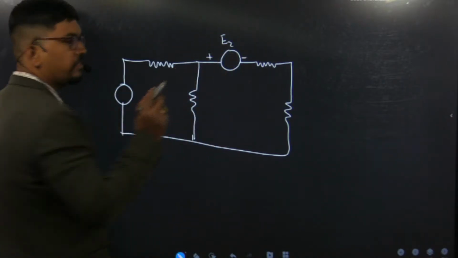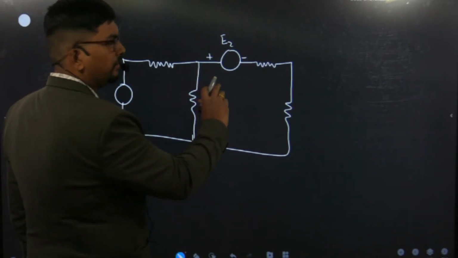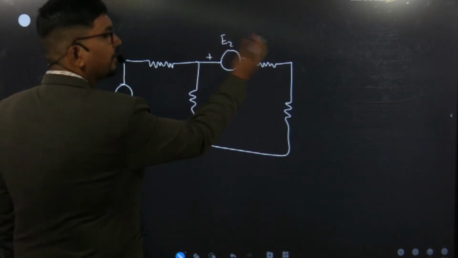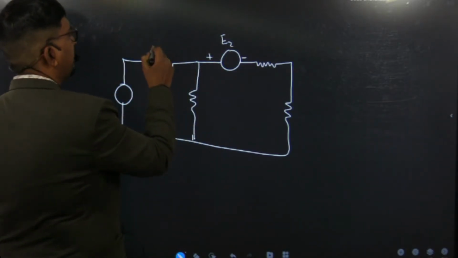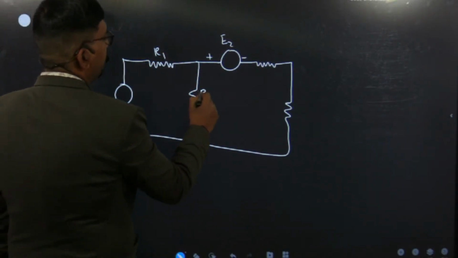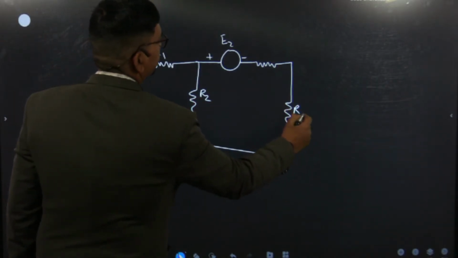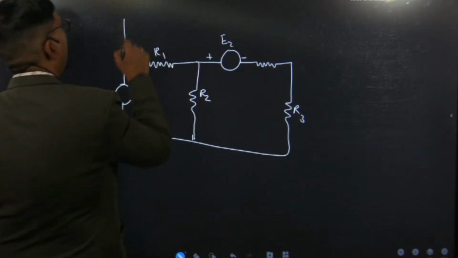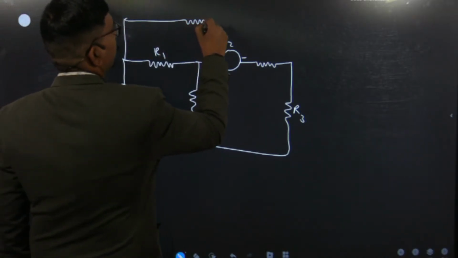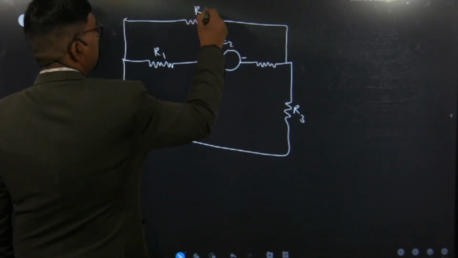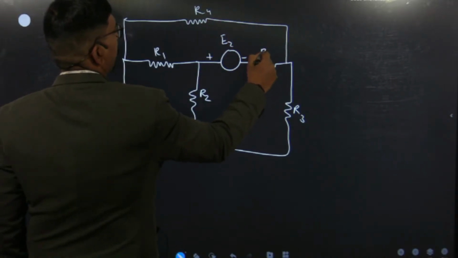It means there is a series resistance present with E2. It may be on the right hand side or on the left hand side. So in that condition, how will we do the nodal analysis? This is our R4 and this is your R5.